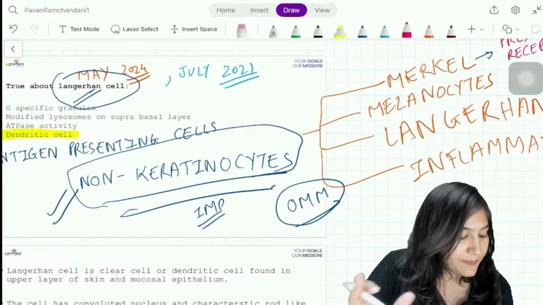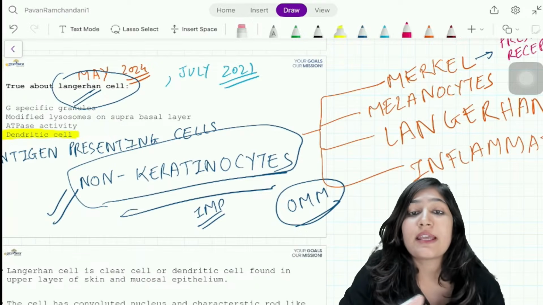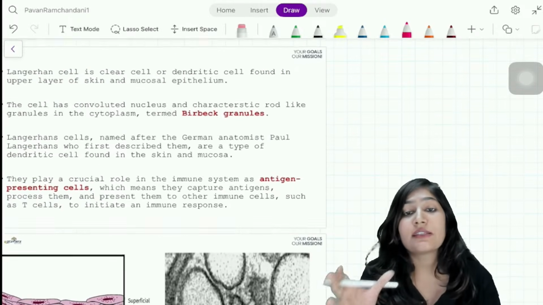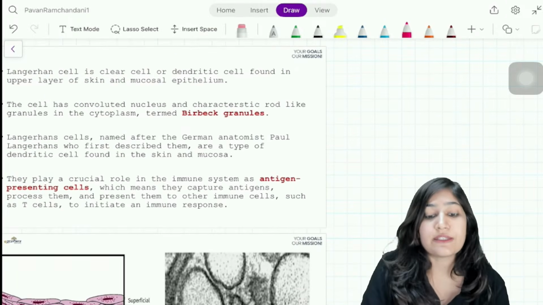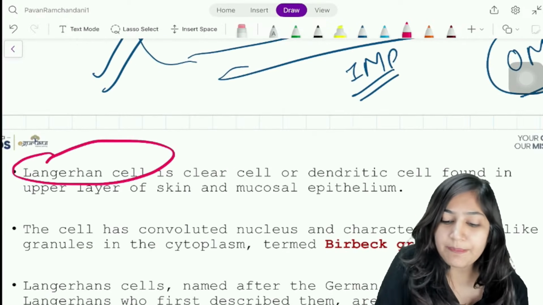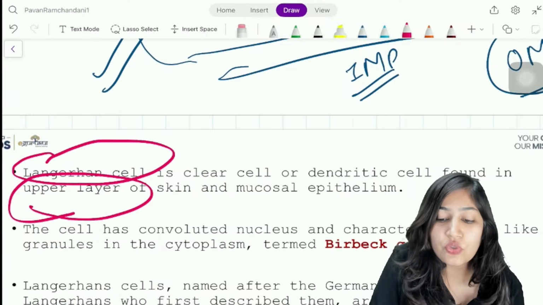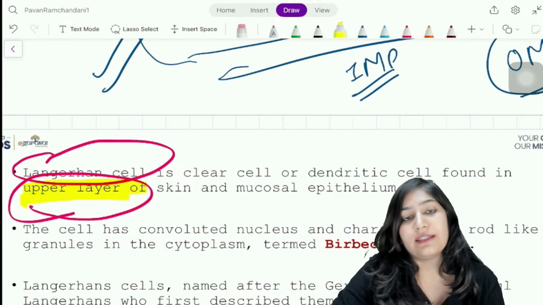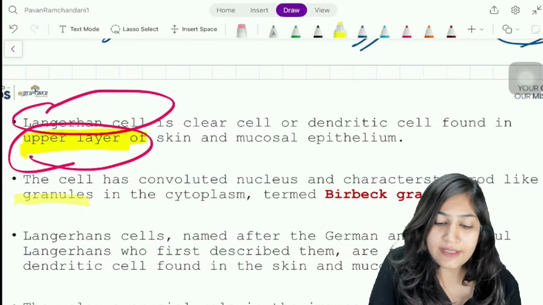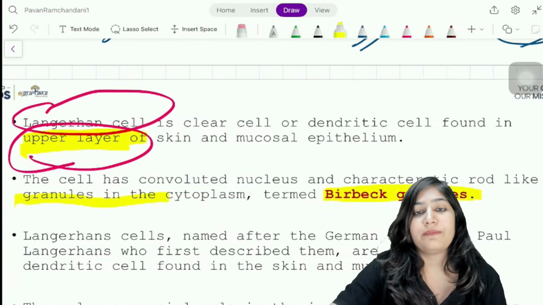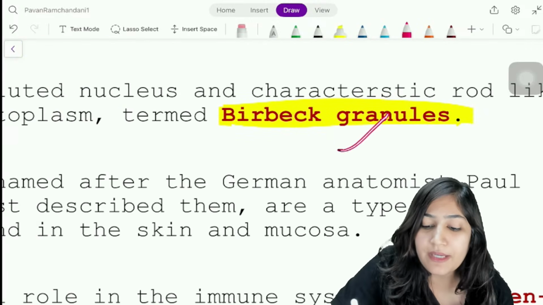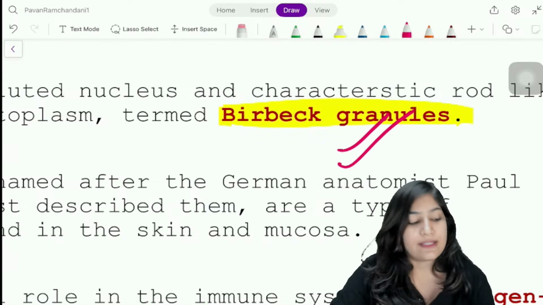Anurag has a doubt. Are G-specific granules and Birbeck granules present in Langerhans cells? Birbeck granules are a characteristic feature of Langerhans cells, not G-specific granules. Langerhans cells are mainly present in the upper, superficial layer of the skin. Mainly they have rod-like granules which are Birbeck granules. So G-specific granules is not the correct option. Birbeck granules is the correct option for Langerhans cells.